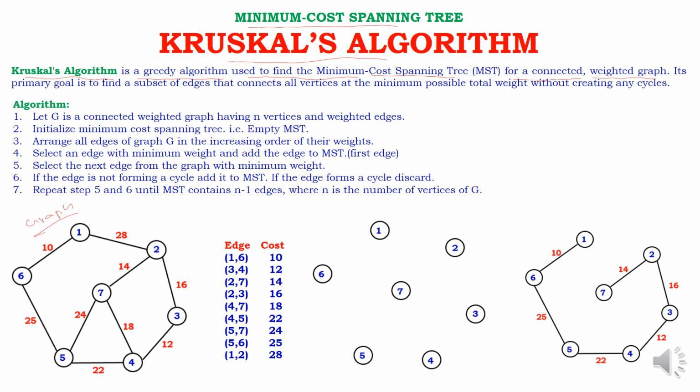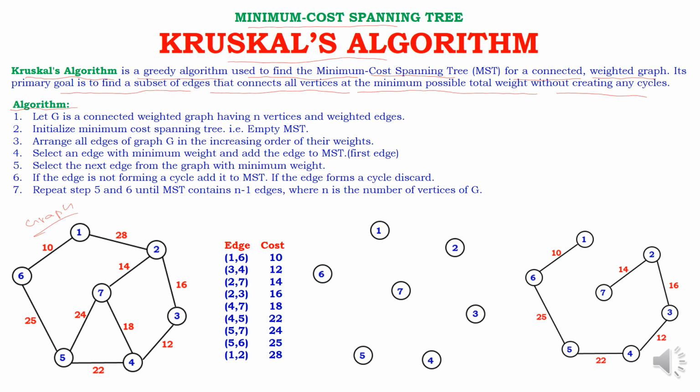There are seven vertices and many edges. Every edge has some weight. There are no isolated vertices. Its primary goal is to find a subset of edges that connect all vertices at the minimum possible total weight without creating any cycle.